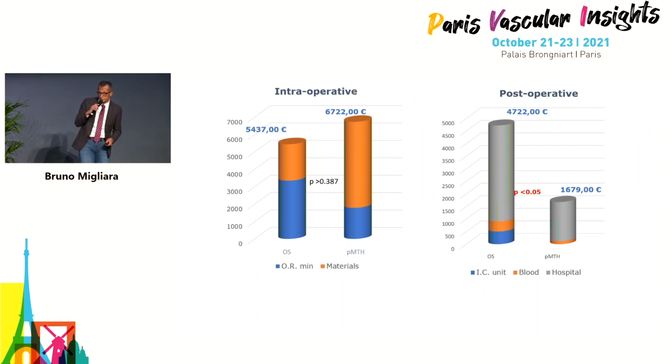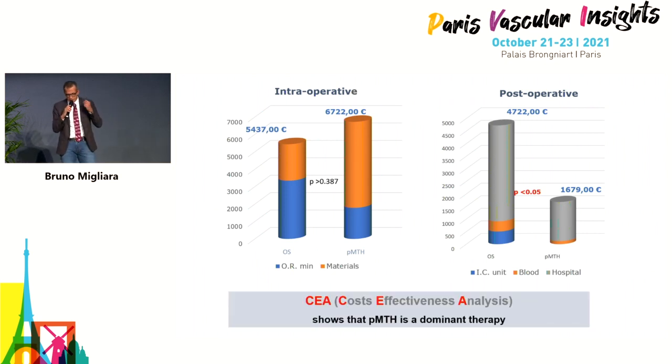But if we consider the postoperative and perioperative period, the Rotarex procedure is significantly less expensive due to the shorter ICU stay and also the faster discharge. And in conclusion, if we apply the cost effectiveness analysis, the Rotarex procedure is a dominant therapy, and this is the reason why at this moment it is our first choice for bypass occlusion in our department.